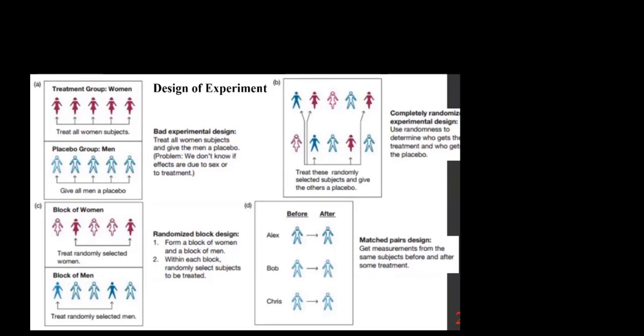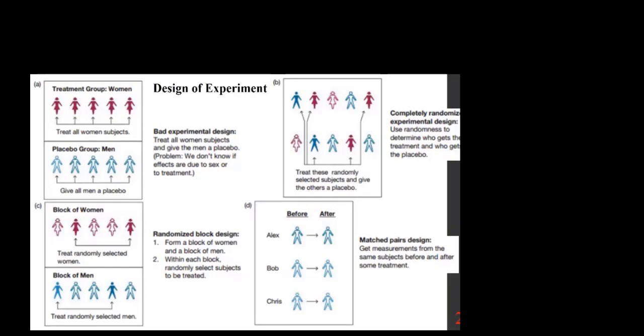We use randomness to determine who gets the treatment and who doesn't. And randomized block design forms a block of women and a block of men. And within each group, select the subjects that get the treatment and those who don't.